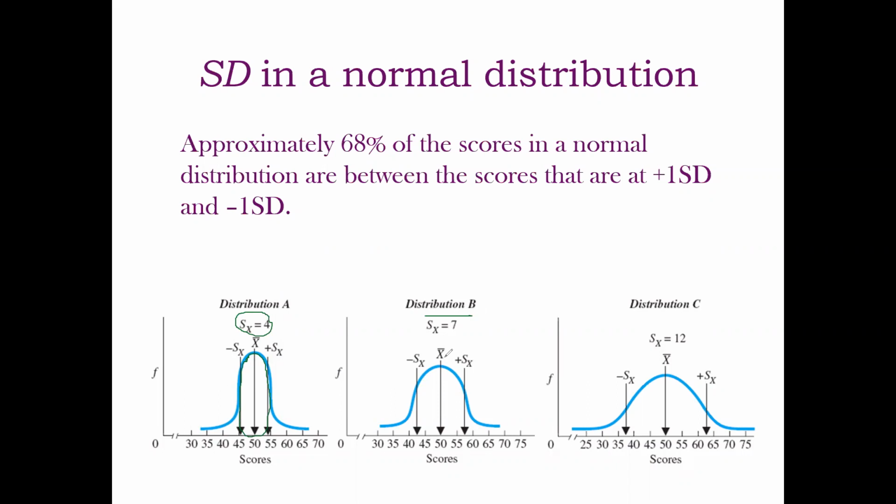Here we have another example where our standard deviation is 7, so a bit bigger. The distribution is a bit more spread out, but we still have 68% within 1 standard deviation, and C is even more spread out. So our variability is greater, but it's still normal, with 68% of all scores within 1 standard deviation of the mean.